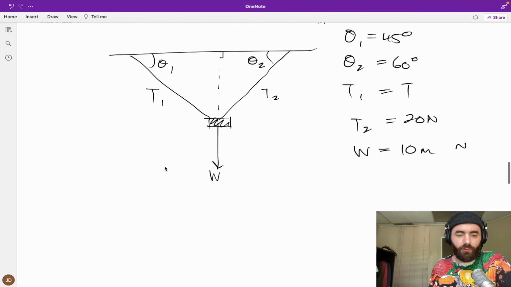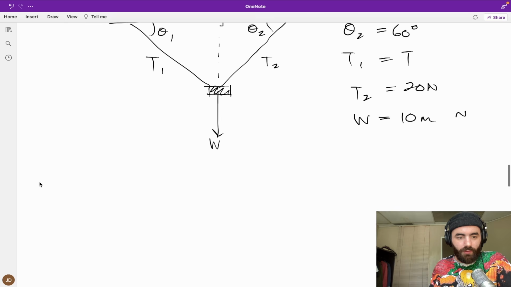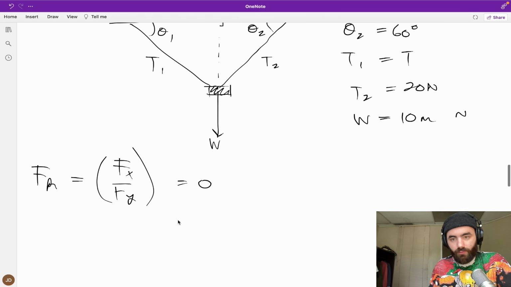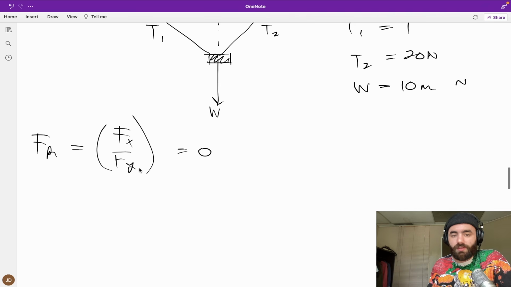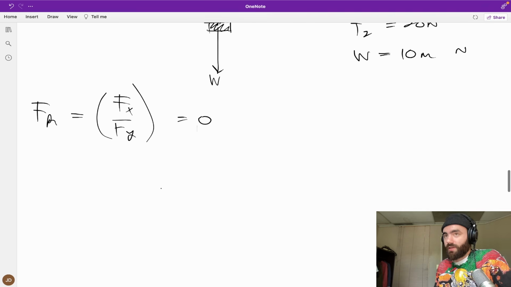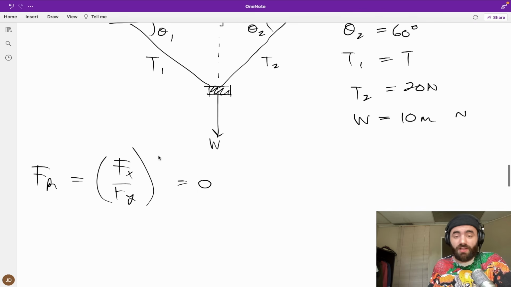Well, it's at equilibrium, so the resultant force of this entire system, the X component and the Y component of this resultant force, will be 0. Okay, so what are all the X components? This is basically what we did in our resolving vectors question, but this one involves tension.